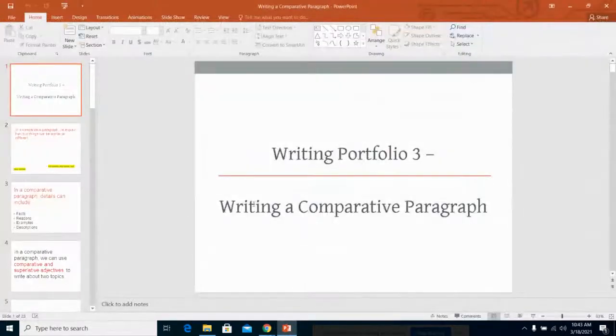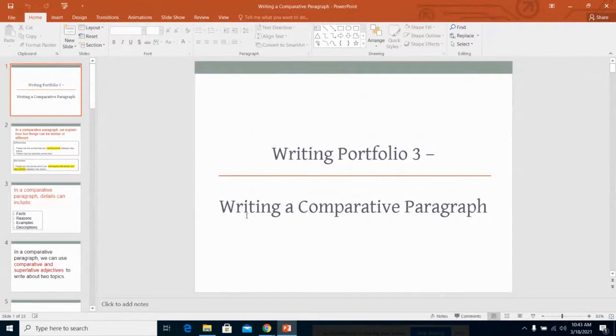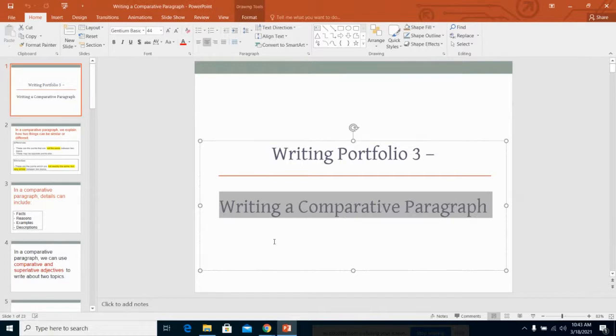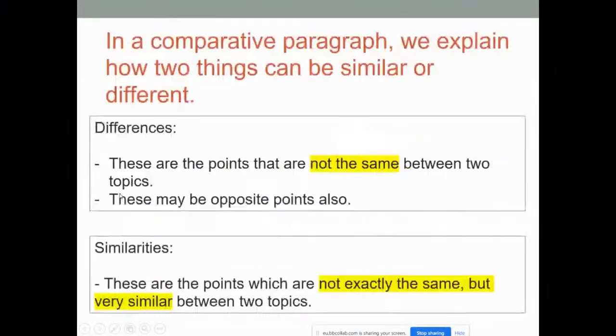Now we recap about the comparative adjectives. But actually, our target today is to learn how to write a comparative paragraph. What actually is a comparative paragraph? In a comparative paragraph, we explain how two things can be similar or different.